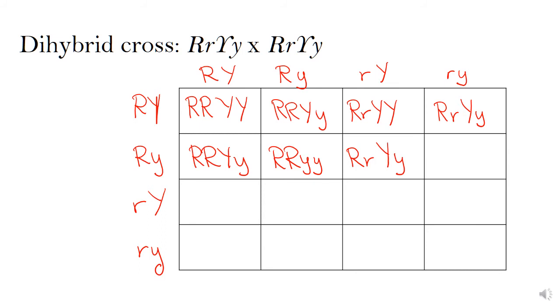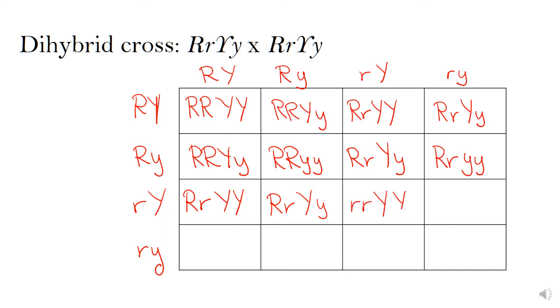Now again, you'll see whenever I encounter a heterozygous genotype, I typically write the dominant allele first, regardless of whether or not it's on the top or the side. This again is just convention. If you wrote little r, big R, genetically that means the same thing.